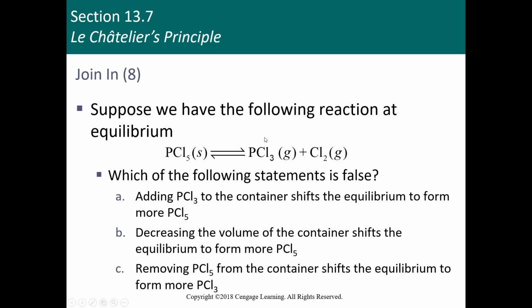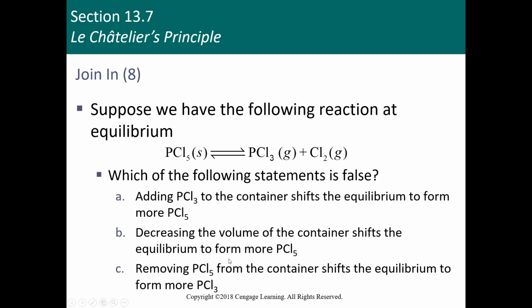If we add more reactant, it will shift towards product. B. Decreasing the volume of the container shifts the equilibrium to form PCl5. So on this side we have gases, on this side we have a solid. So this has the more gas molecules, doesn't it? So if we decrease the volume of the container, that's going to cause this to shift towards PCl5. So yeah, that makes sense.